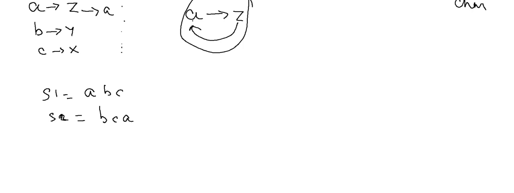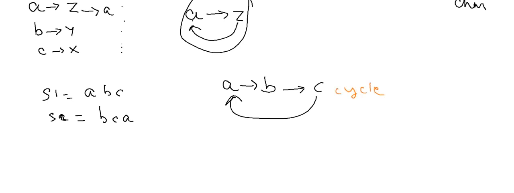Okay, so here if you will see, we are going to convert A to B, then we are going to convert B to C, and then again we are going to convert C to A. So here there is a cycle. So in order to break the cycle we need one extra character. So if we don't use the extra character, what we're gonna end up is, we're gonna convert this C to A. So the resulting string would be this, right?